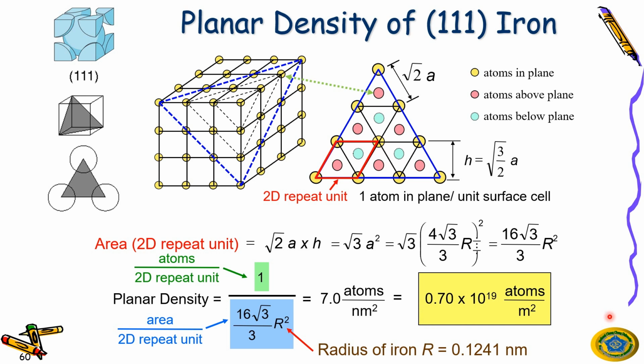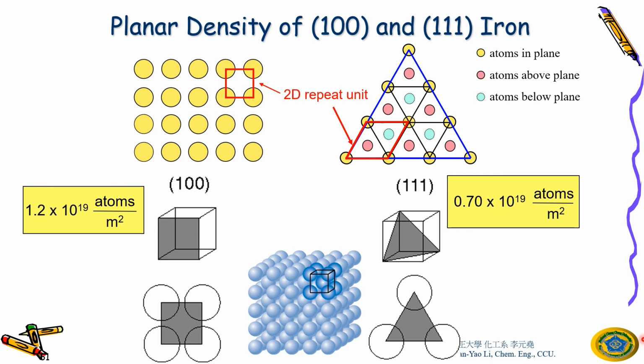Okay, so if this question is in your final exam paper, I want you to use a little bit of imagination. I would probably just change a few numbers, change from iron to copper or something. That's easier. So once we do the comparison of 100 and 111, which one has a higher planar density on the surface?